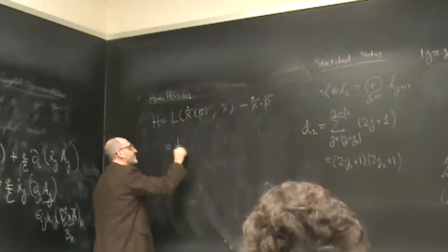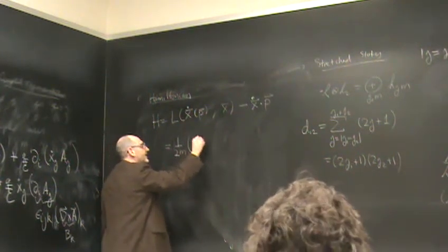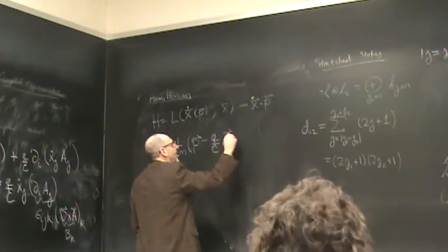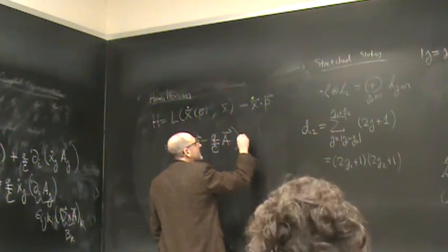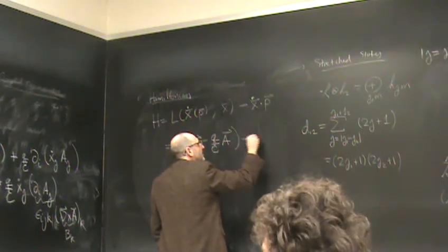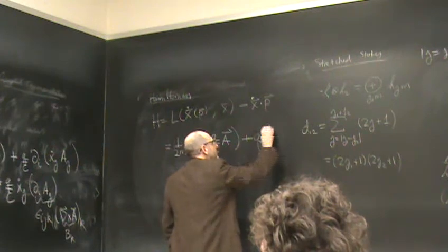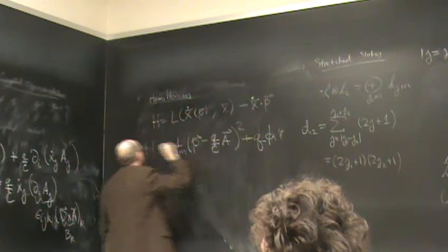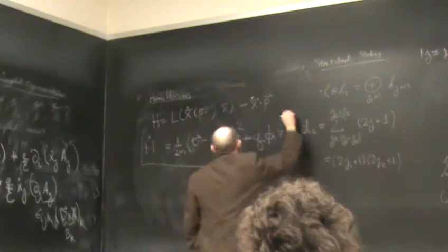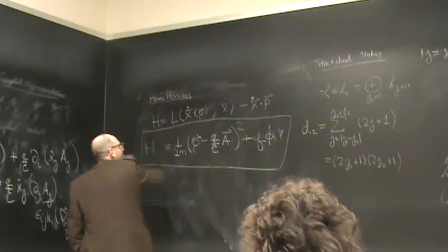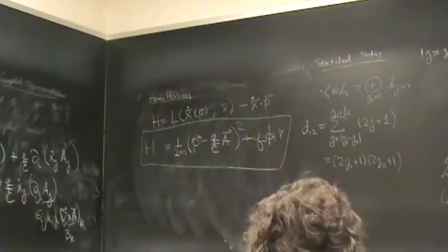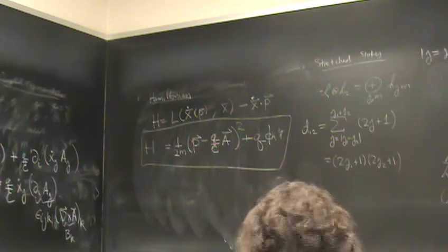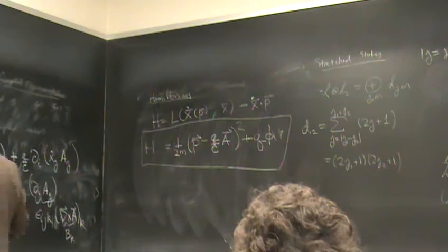This is 1/2m times p minus Q over c A, squared, plus Q phi. This is my Hamiltonian. It's not an operator yet. All right, so what are some important points to note here? One important point to note is right here.